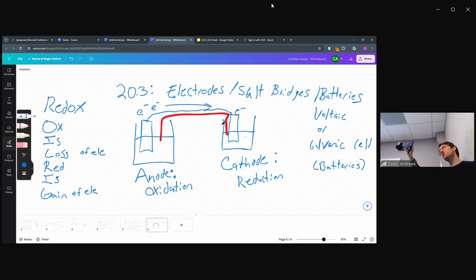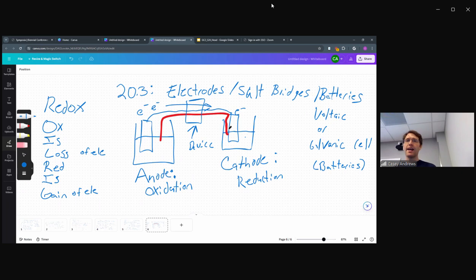Right here in the center, you can put a device. The electrons have to travel through that device on their way to the cathode. So we can use those electrons to power anything we want. Power a car, power a phone, power a watch. In essence, that's how a battery works.